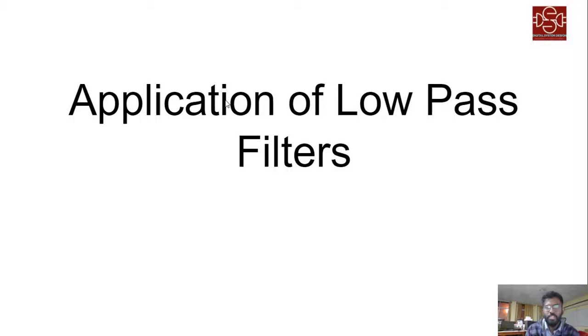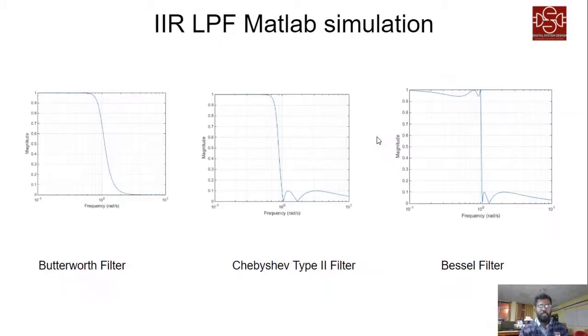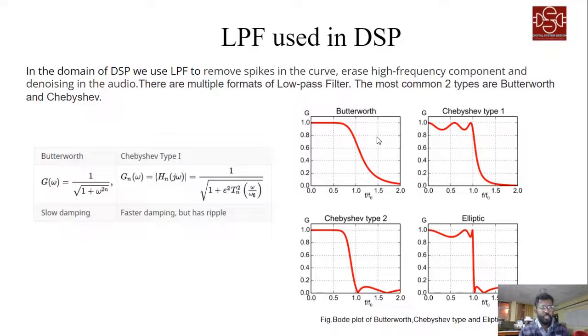Next is the application of the low pass filter. As I discussed previously, in the DSP domain the low pass filter is used to remove the spikes of the curve, the high frequency components, and for denoising of audio. Everything in the high frequency domain is removed, making a smoother output when the low pass filter is implemented.